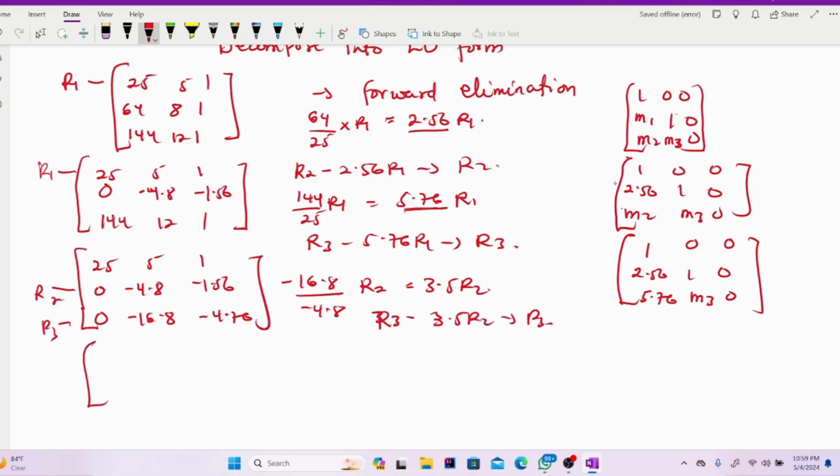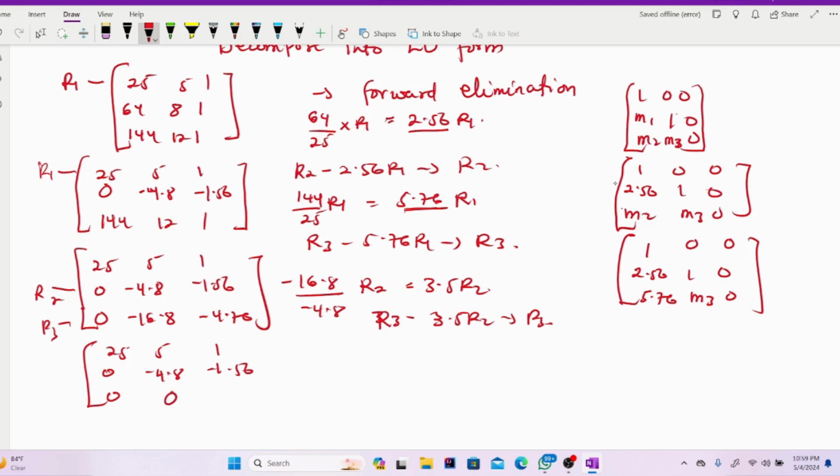So my matrix will simply be 25, 5, 1, 0, negative 4.8, 1, negative 1.56, 0. Then here, I'm going to get negative 16.8 minus 3.5 times negative 4.8, and that is giving me 0. Nicely.